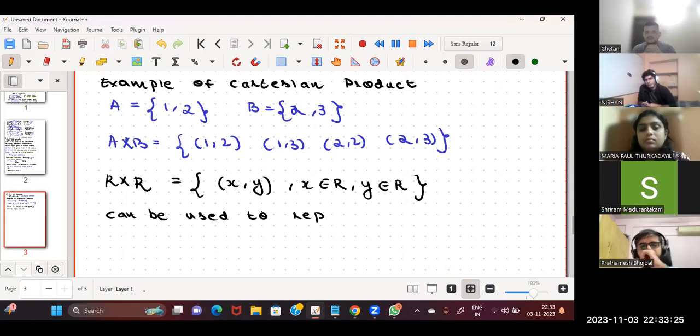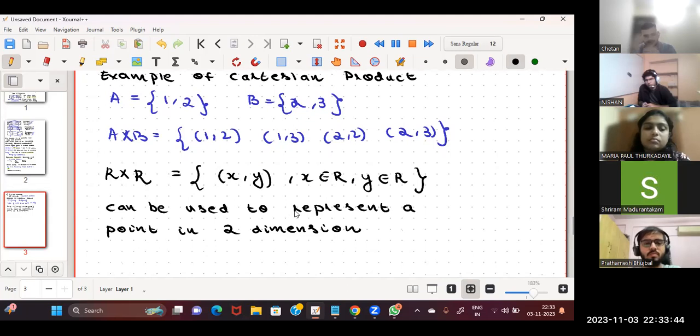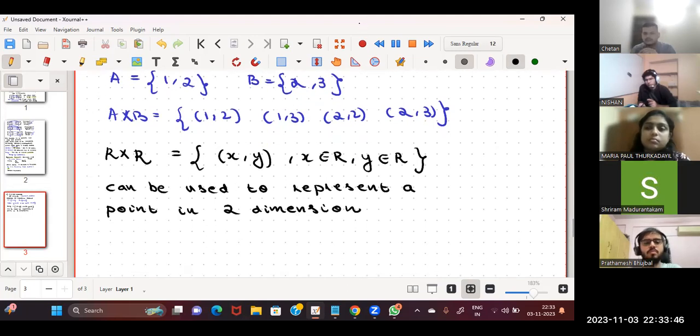With ordered pairs you can represent all the points in R2. Similarly, you have R3, where you have x, y, and z from R. That is 3 dimensions, and you can go till Rn. That's the general idea of a Cartesian plane and what is R2.